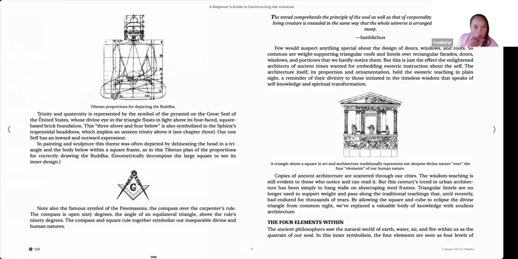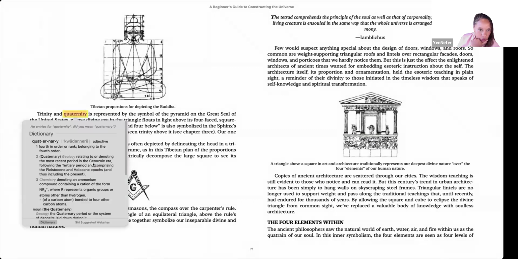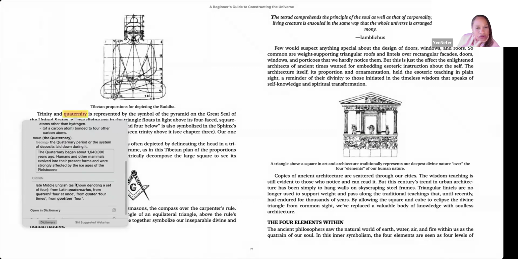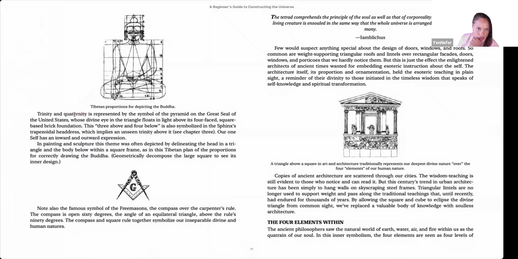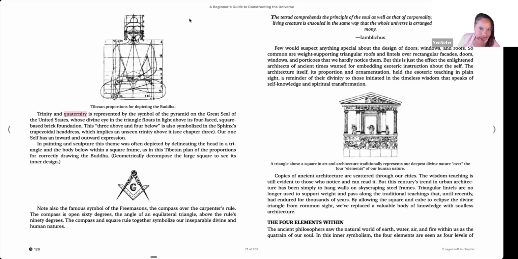Trinity and quaternity. Lord, these words are a mouthful. Let's see if we can, hold up, let's get some help for this. Hmm. You know what? Hold on.